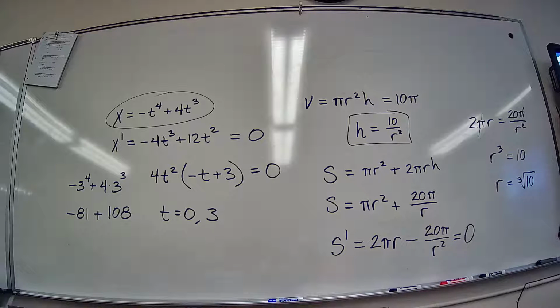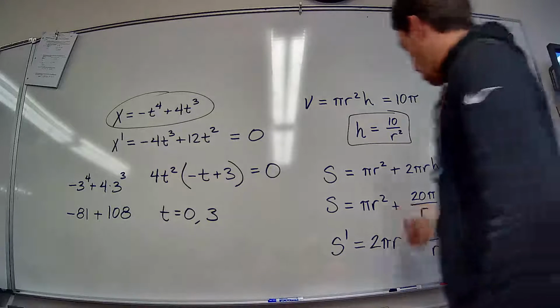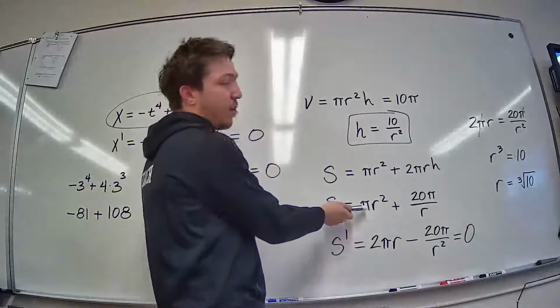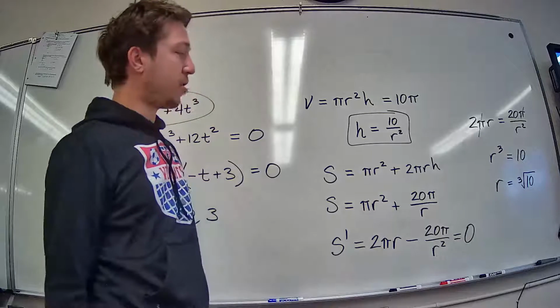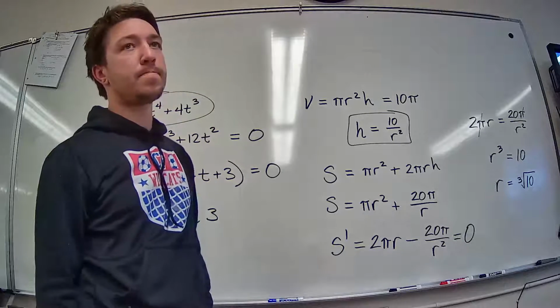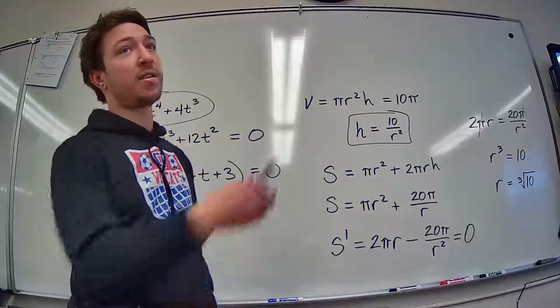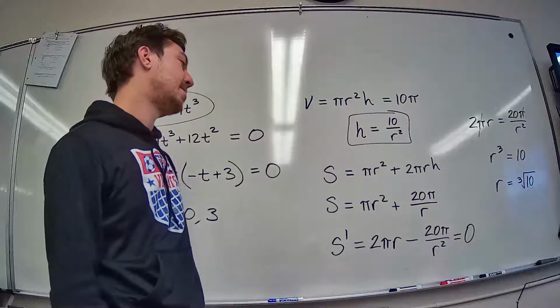The only question I have there is, before you took the derivative, am I going crazy or could you simplify that? You could multiply this by r over r for common denominators and combine it into pi r cubed plus 20 pi over r. But then I think you're actually making it harder to take the derivative of it.